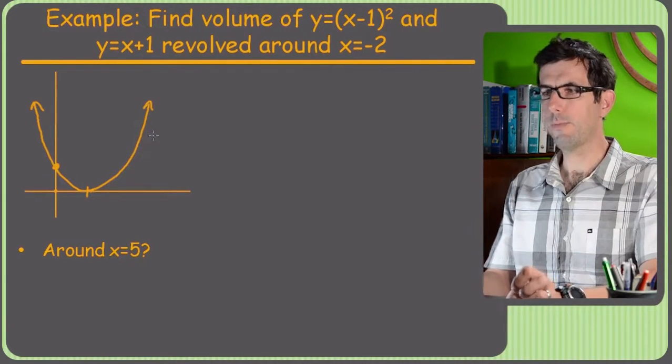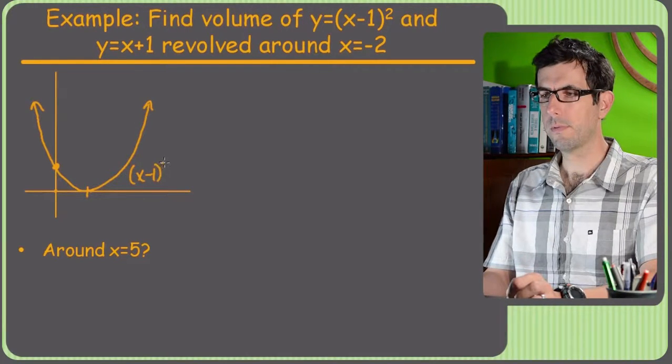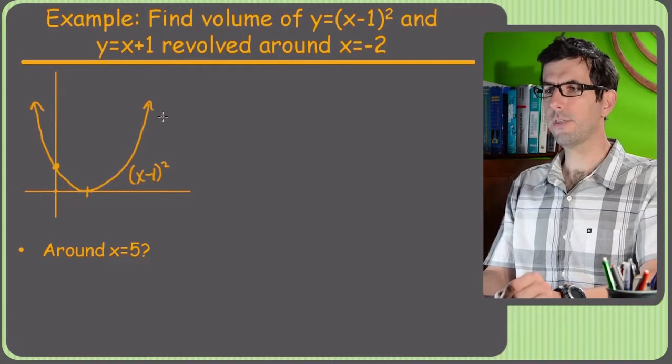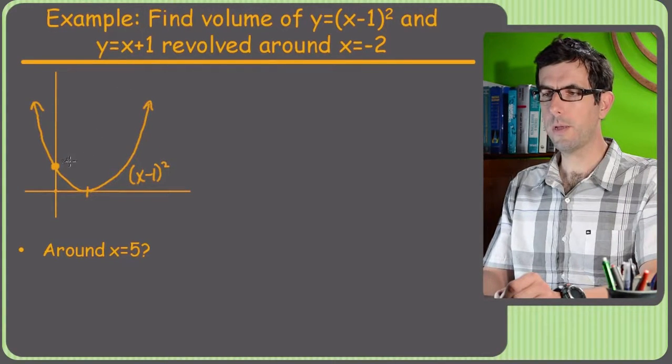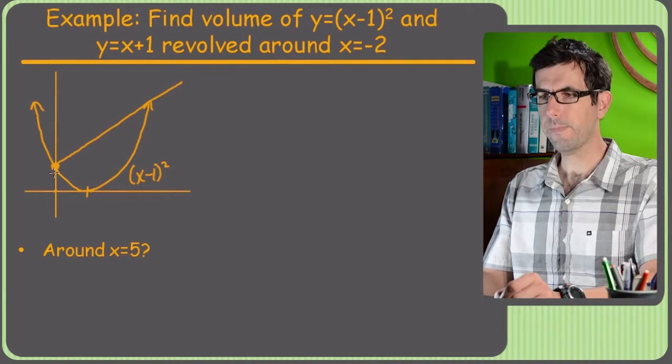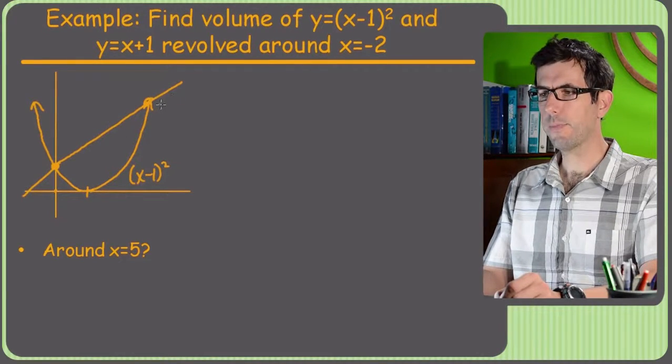And let's see. So that's one function. And then our other function is x plus 1. So that has a y-intercept of 1 and then goes up at a slope of 1. So I think this point is 3, comma 4, but we can double check that.